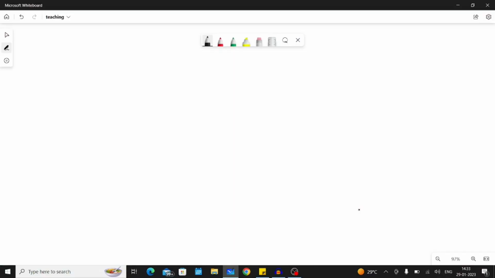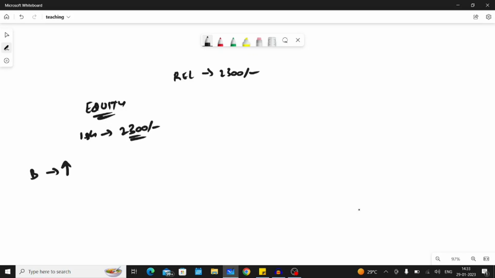So, this time, let's take a real stocks example. Let's consider Reliance. It is traded somewhere around 2300 rupees. So, let's see equity. In order to buy one share, we will require a capital of 2300, and if we are a buyer we'll make a profit if the price of Reliance goes up, and if we are a seller we'll make a profit when the price of the share is coming down. So let's say the price of the share increases by 100 rupees.